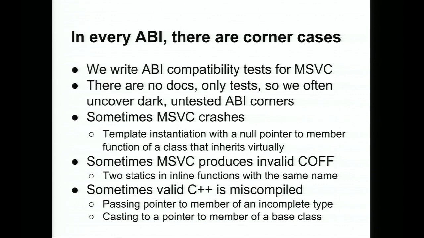And so we hit untested dark corners. And we get fun results like a crash on valid from MSVC if you instantiate a template with a null member pointer, or getting invalid code back, or taking perfectly valid C++ where the ABI makes it impossible to actually compile that correctly. In particular, member pointers are an area that is very different from what standard C++ is, so you can get lots of fun bugs there.